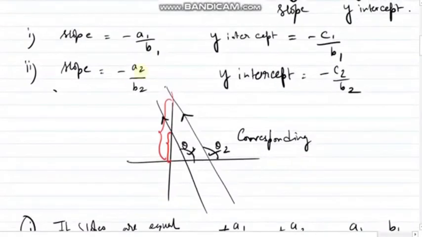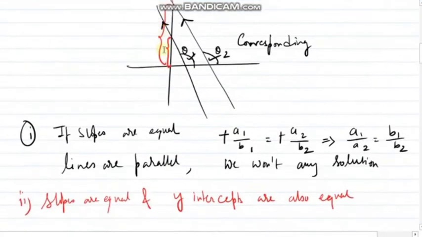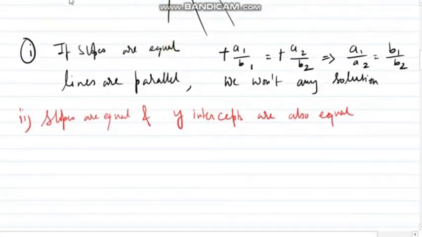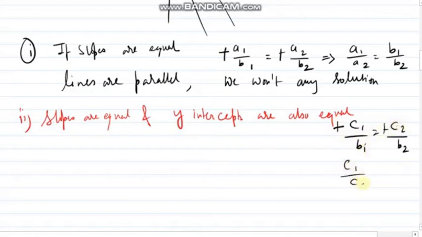Y-intercepts are equal means, can we write that minus c1 divided by b1 is equal to minus c2 divided by b2? So if I equate these two, b1 is going there, c1 is coming here. So can we write c1 divided by c2 is equal to b1 divided by b2?